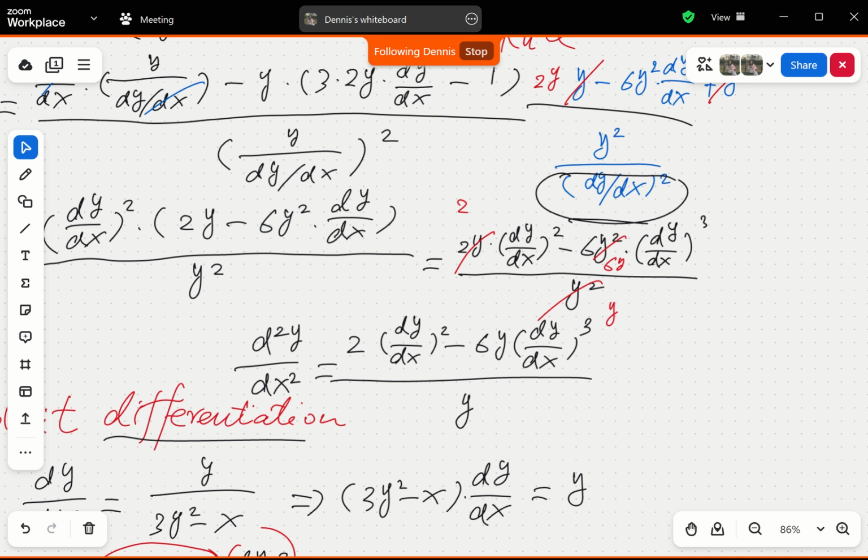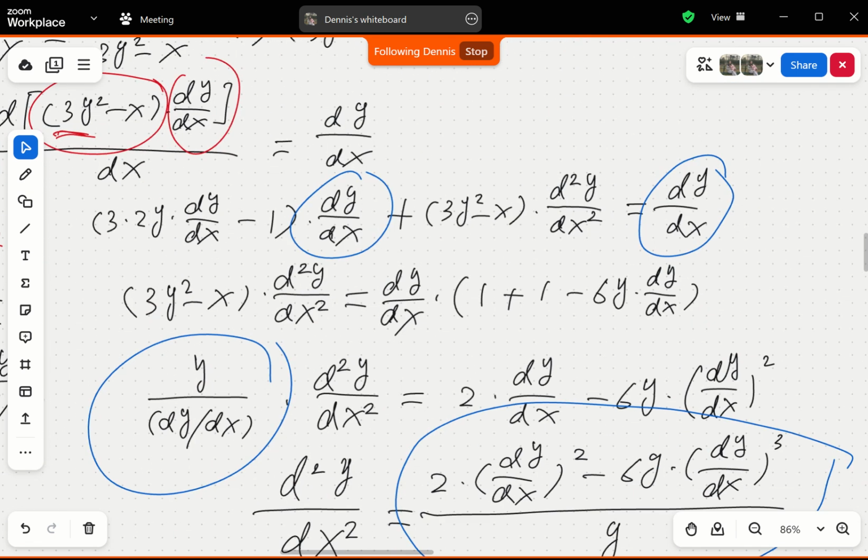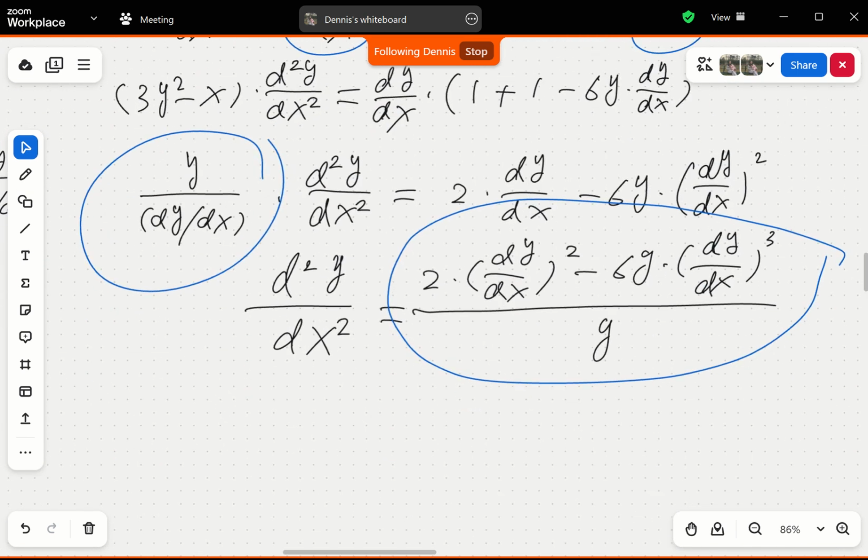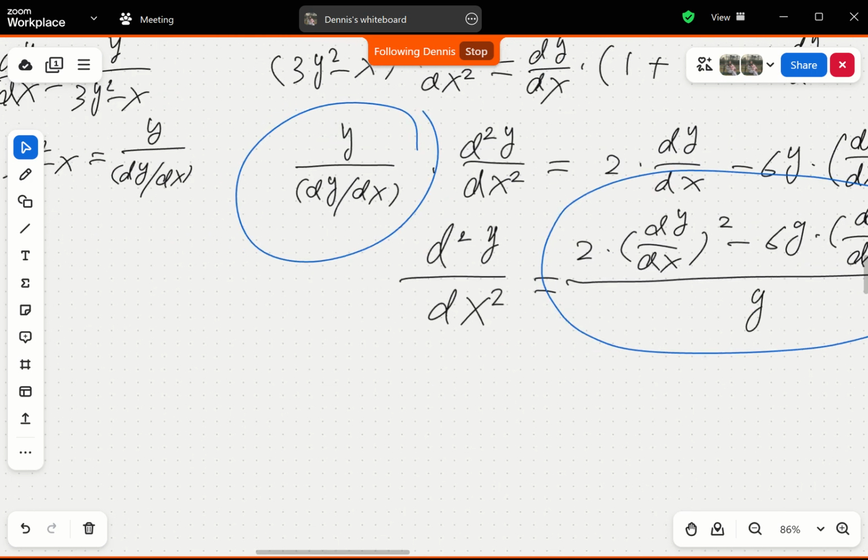It's the same as 2 times dy with respect to x squared minus 6y times dy with respect to x to the third, over y. So either approach is fine. You can reach the same expression for the second derivative of y with respect to x.